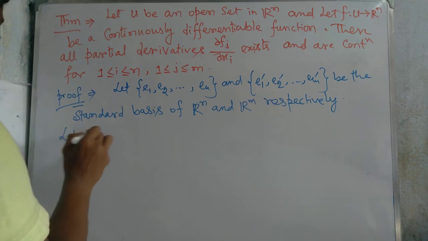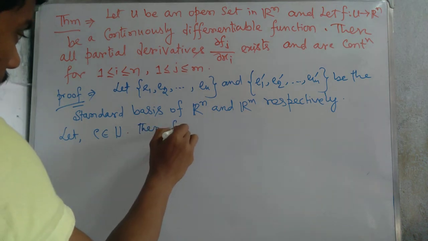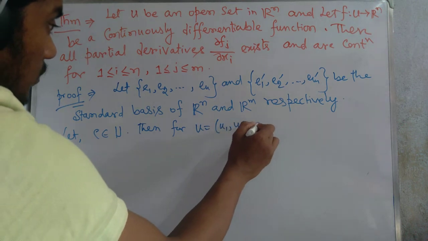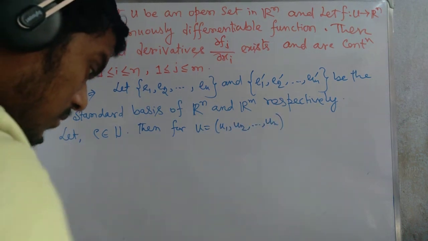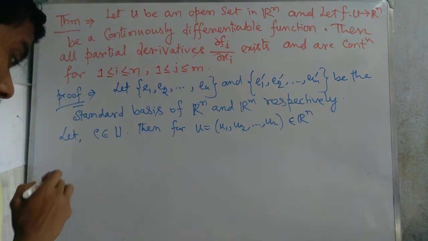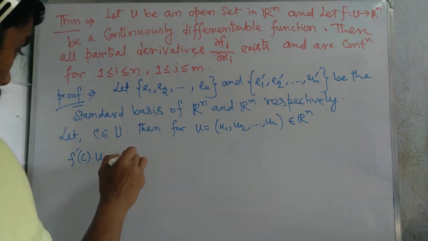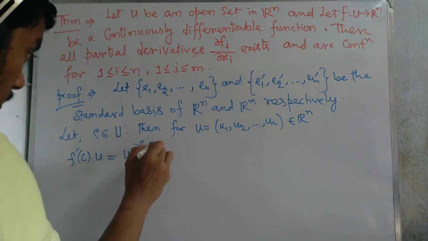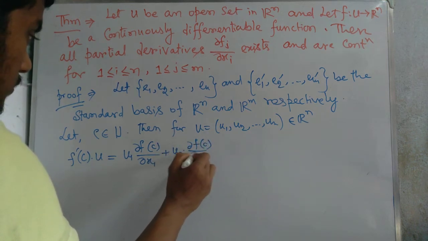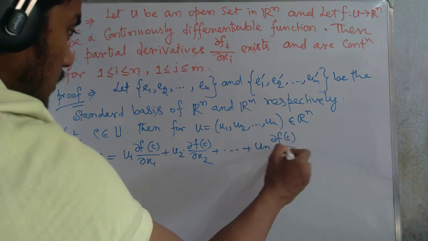Let c belong to U. Then for u = (u1, u2, ..., un) belonging to Rn, f'(c)u = u1 ∂f(c)/∂x1 + u2 ∂f(c)/∂x2 + ... + un ∂f(c)/∂xn.